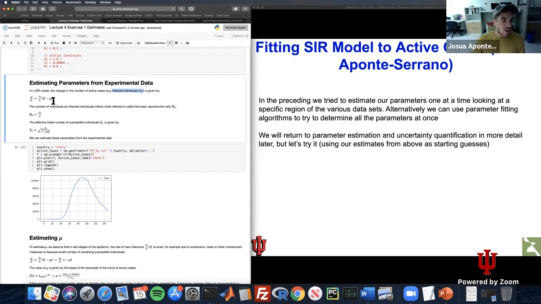And in the SIR model, the change in the number of active cases is given by this equation: N times gamma over R naught times S times I minus mu times I. We discussed a couple of classes ago that R naught can be defined as the total number of individuals an infected individual infects while infected, right? And that is given by this ratio.